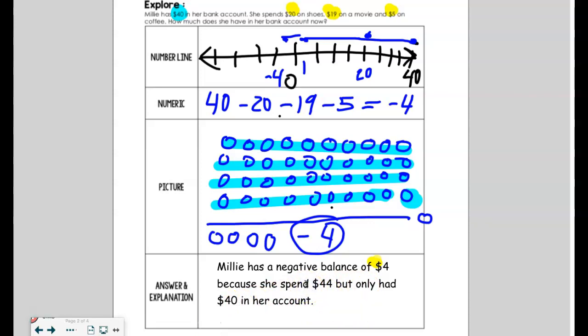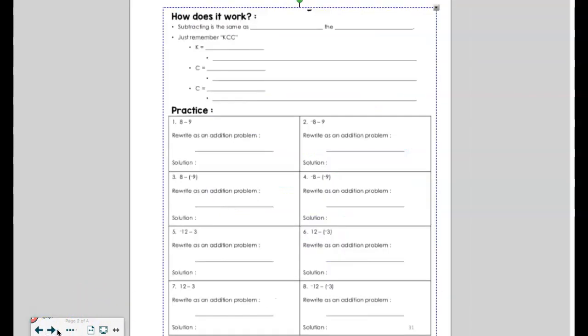She has that negative balance because she overspent on what she had. So let's look at some of the rules when we are subtracting. Subtracting is the same as adding the opposite.